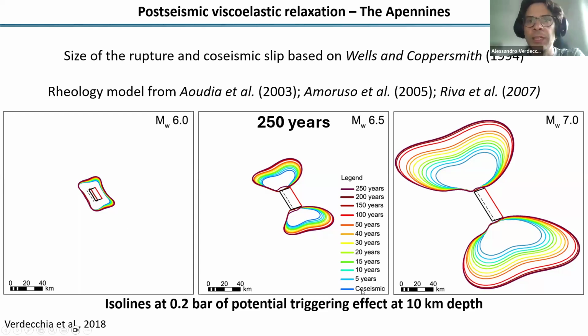What you can see very simply is that for a magnitude 6, the isolines don't travel so much in space, so the effect of viscoelastic relaxation is not that strong in terms of areal distribution. It starts to become significant with a magnitude 6.5. You can see that the difference between the coseismic and the 200, 250 years is definitely significant for larger earthquakes, as expected, for a magnitude 7.